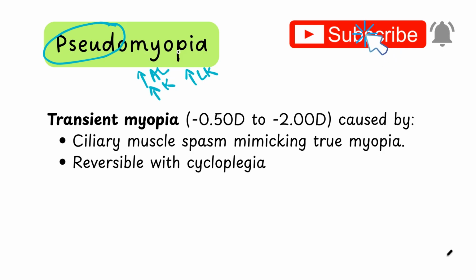However, myopia arising because of excessive accommodation, and we know that accommodation ultimately is going to increase the curvature of the lens, rendering excessive power to the eyeball, that myopia is known as pseudomyopia. This is transient myopia because of ciliary muscle spasm, and usually the range is minus 0.50 diopters to minus 2 diopters. However, many cases actually come with even values more than minus 2 diopters. However, this is reversible with cycloplegia.